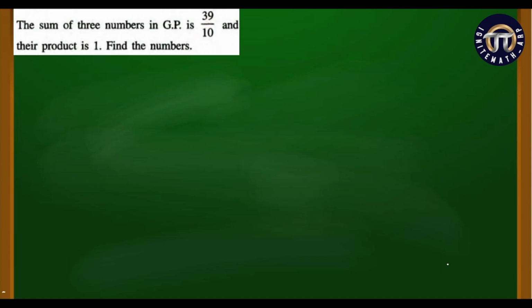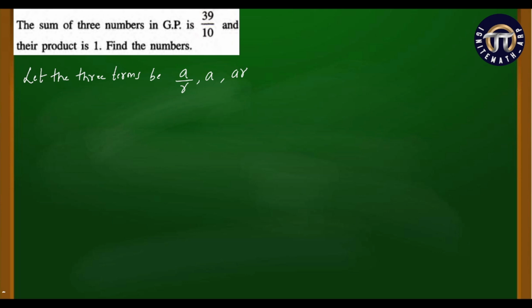In the next question, the sum of 3 terms of GP. See, wherever 3 terms are involved, children, what you are supposed to take, let the 3 terms be A by R, A and AR. Now what is given?